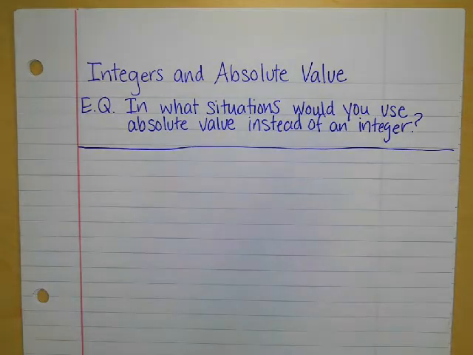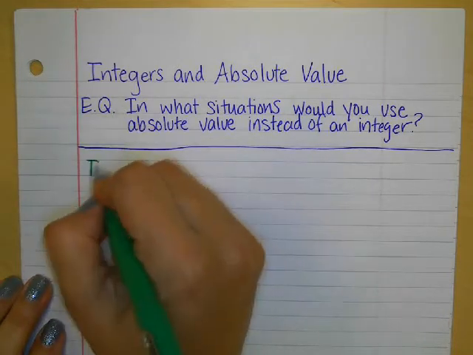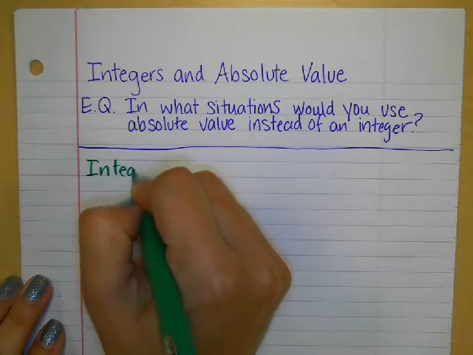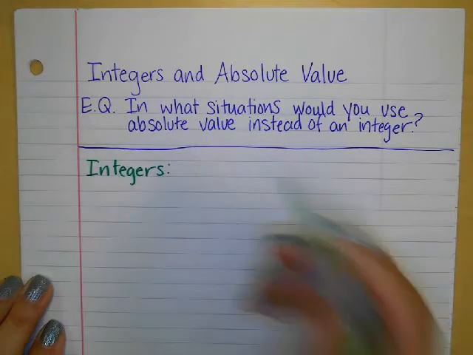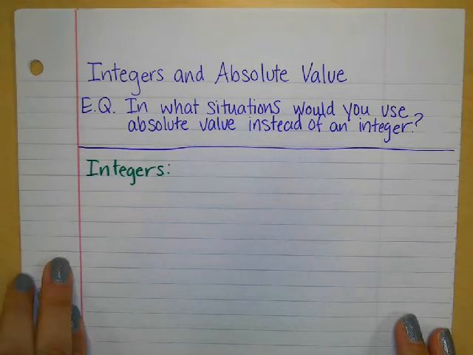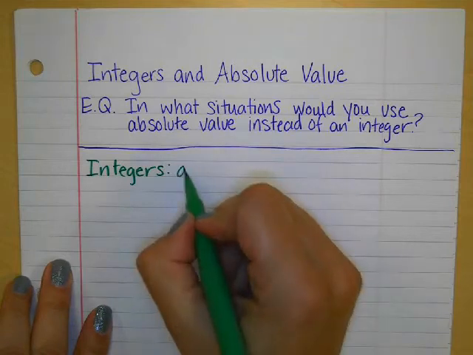So first, let's define what an integer is. Integers are a set of whole numbers and their opposites.